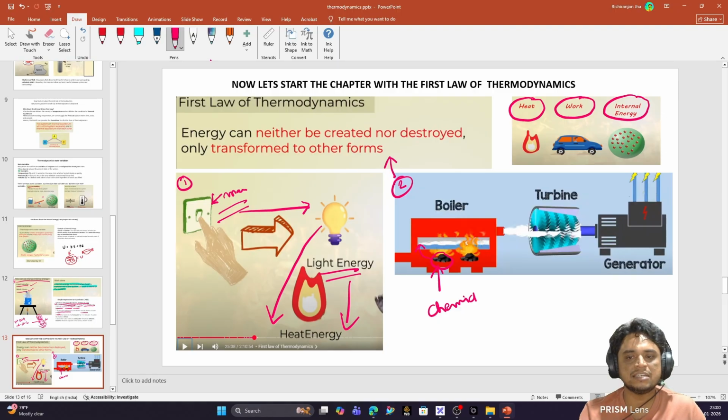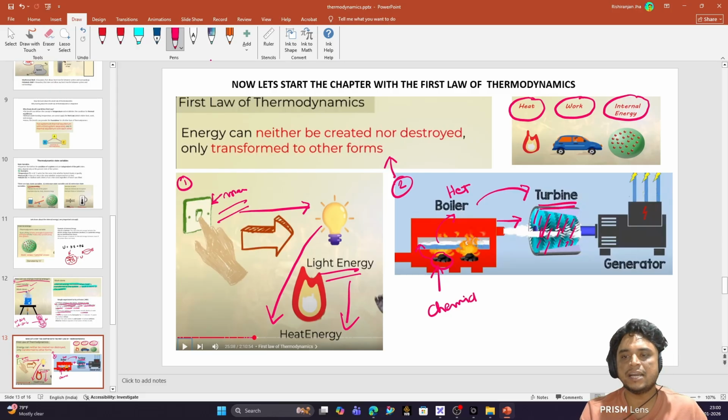Because of that heat energy, the steam is generated inside the boiler, right? And because of this heat energy, the turbine runs. So what is happening here? In simple terms, the heat energy got converted into mechanical energy, which is the turbine running.